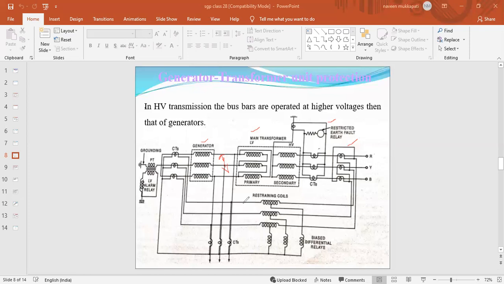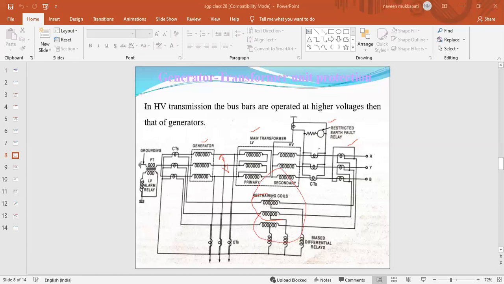Okay, therefore we calculate the algebraic sum of those currents, that means I1 plus I2. Okay, it does not equal 0. If it does not equal 0, it means the sum of the short circuit currents is obtained. Okay, those short circuit currents are flowing through this restraining coil.